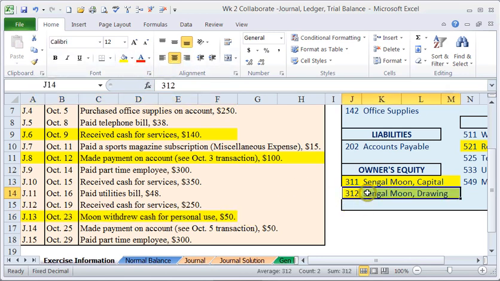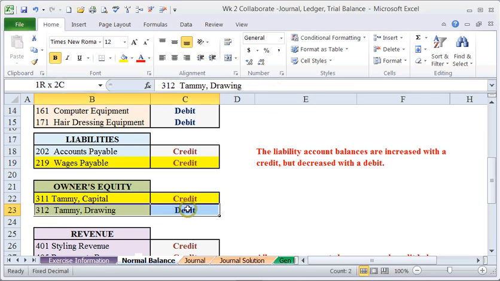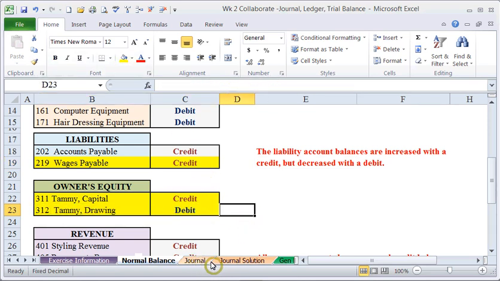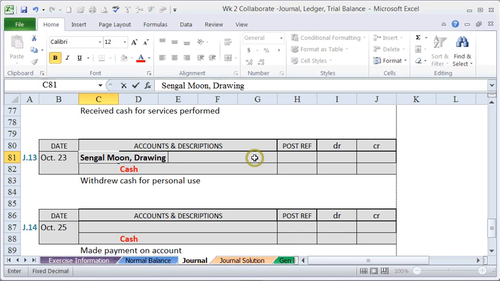Single Moon Drawing is the name of the account that we'll use. If we look at the normal balance chart, we'll see that the drawing account has a normal debit balance. So we're going to increase his drawing account with a debit of $50.